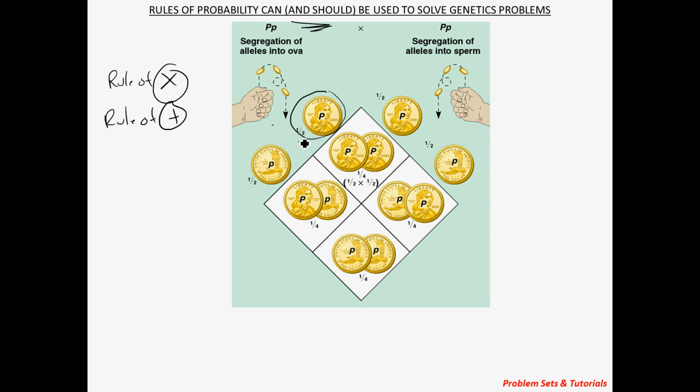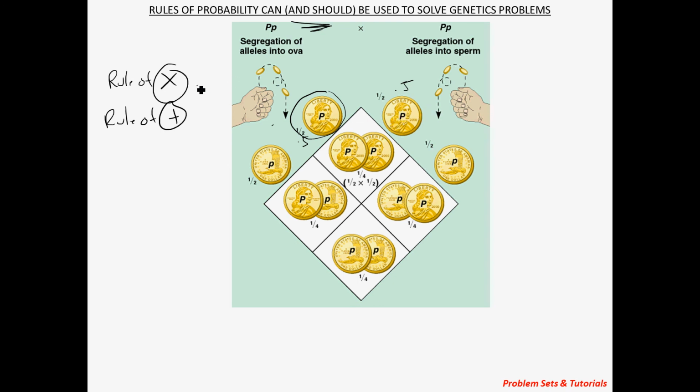So what's the probability that this person flips a head? Well, that's 1 out of 2, or 0.5. The probability that this person over here flips a head is also 1 out of 2, or 0.5. This person flipping is independent of that person flipping. Just because this person flipped a head doesn't mean this person is any more or less likely to flip a head. So what's the probability of both of them flipping heads at the exact same time?